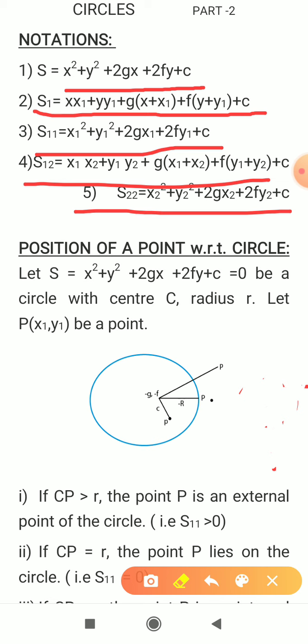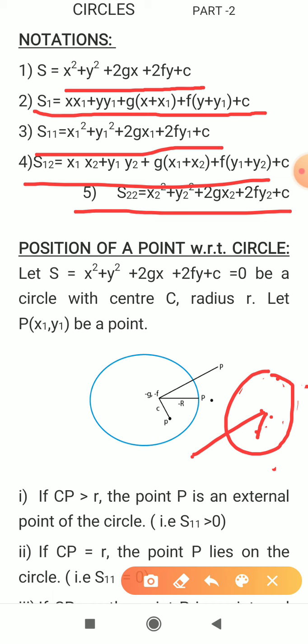If the point is inside of the circle, suppose this is the circle, this is the center, and this is our point P. The distance from center to P is less than the radius. Suppose this is our point P outside: the distance from center to this point is greater than the radius.